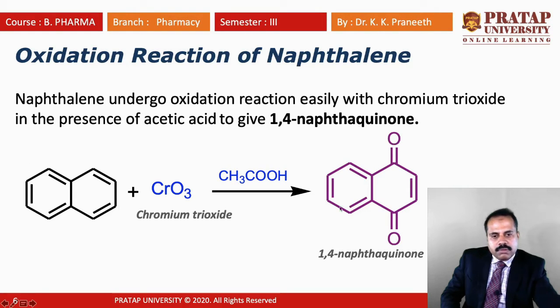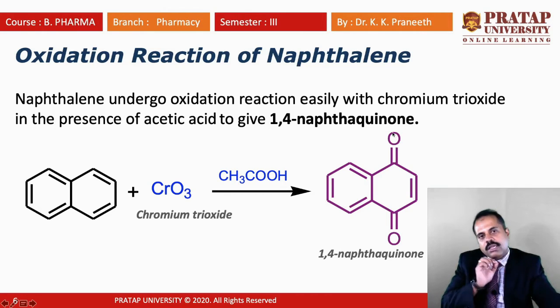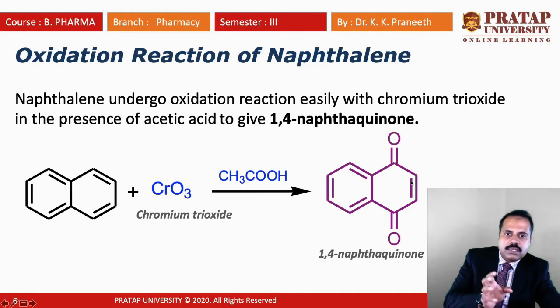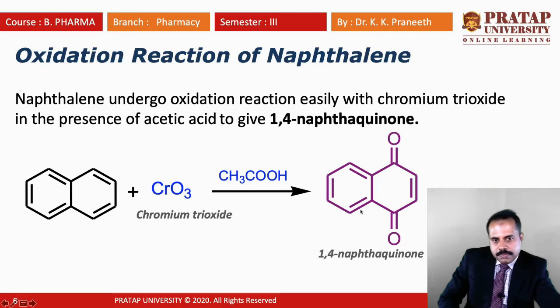In this new product, new oxygen atoms are incorporated, with new carbon-oxygen bonds. This is carbon, this is oxygen. This is carbon, this is oxygen. So, two new oxygen atoms are incorporated in the final product. The reactant has no oxygen, but the product does, so we can easily say this is an oxidation reaction, because of the addition of oxygen in the product.